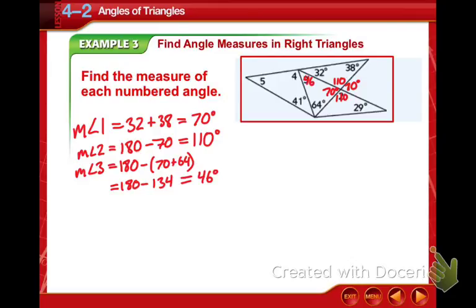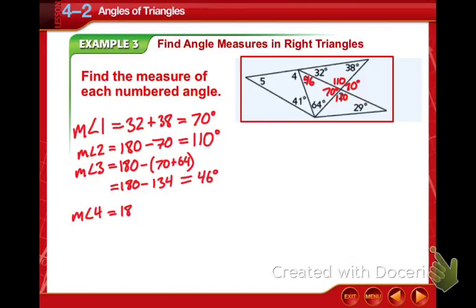Okay, so now angle 4 is part of that line, right? The line with angle 3 and the 32-degree angle.